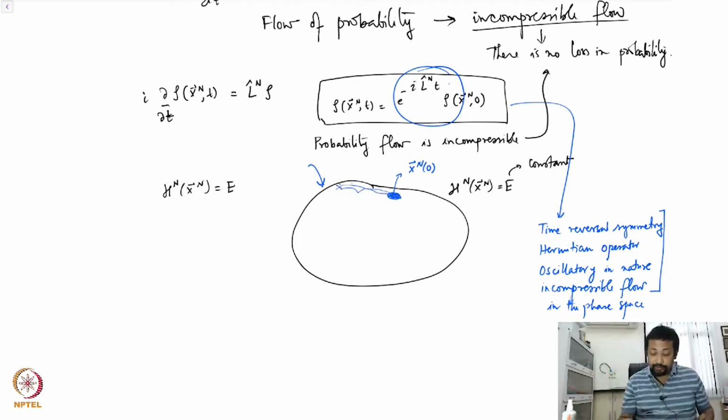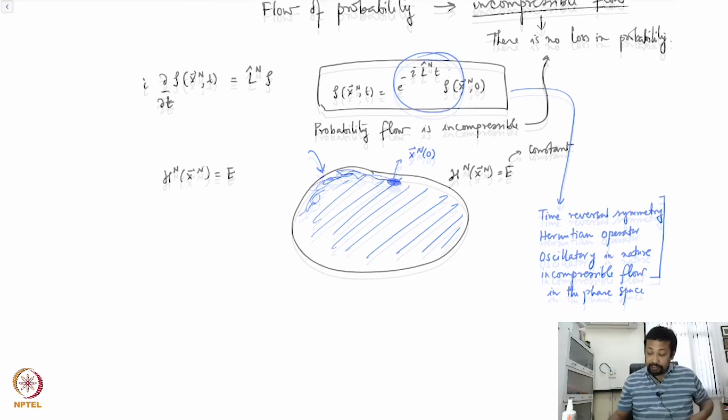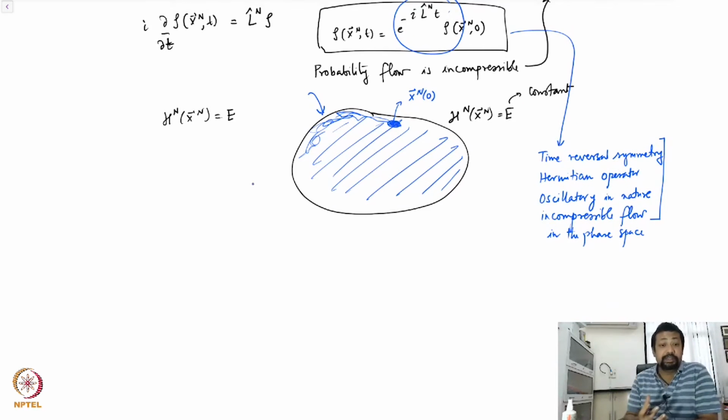The trajectories are going to evolve so that it slowly covers the whole of this phase space, right? Now, what does this mean? Is this always guaranteed, right? That is the point which we want to discuss.